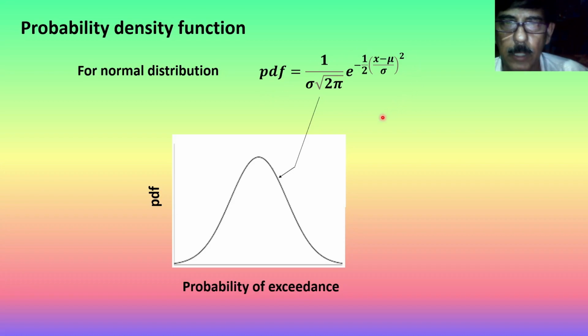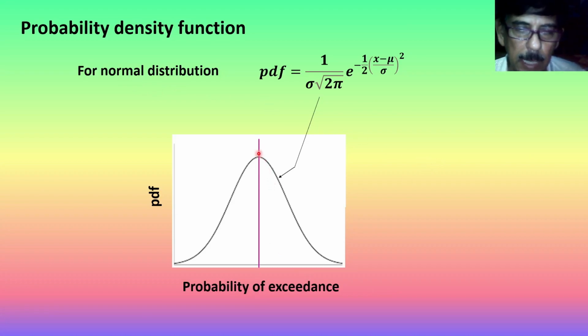It is given by this expression where x is the parameter value, mu is the mean, and sigma is the standard deviation. You can plot it with the PDF on the vertical axis and probability of exceedance on the horizontal axis, and you get a symmetrical curve if it was a normal distribution.